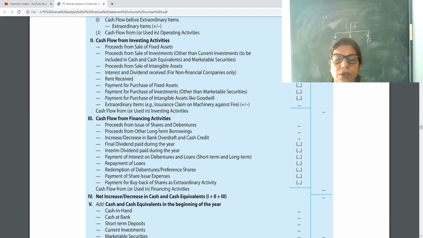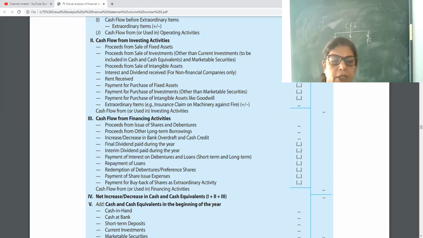Own sources are known as equity shares, and borrowed, external sources are known as debentures and long-term loans.